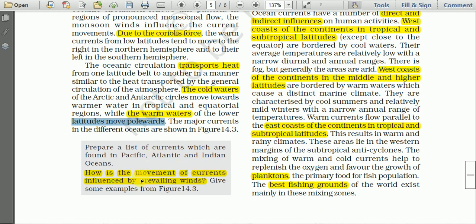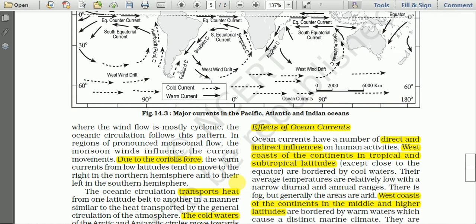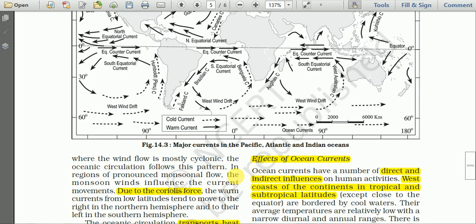And so this is about the circulation of the major ocean currents.